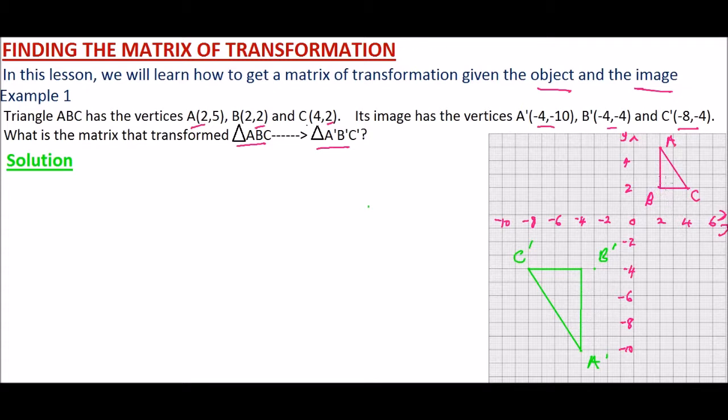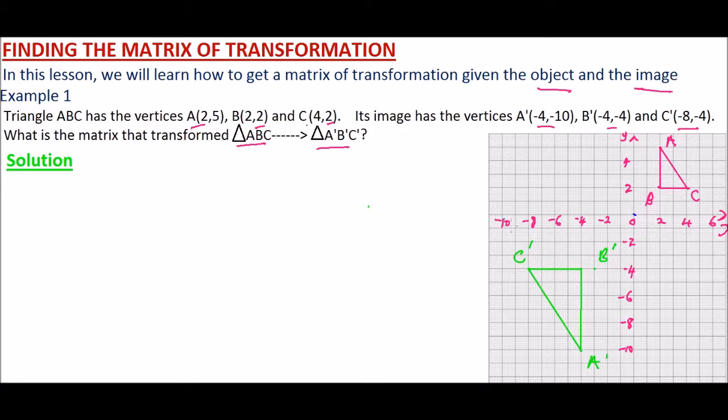AB here it is 1 2 3. The length of BC, it is 1 2 3 4. BC here, it is 2. So the triangle has been enlarged twice, but the center of enlargement is the origin, that is at (0, 0).